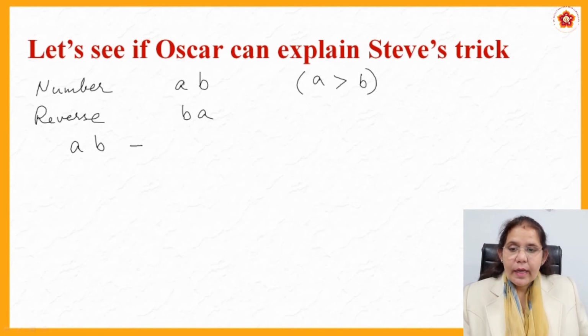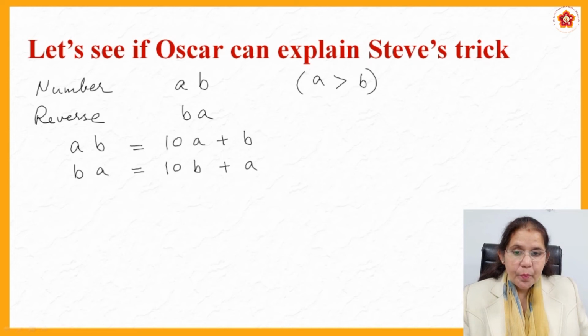First of all, AB, how can it be written? It can be written as 10A plus B. On reversing it, it becomes BA. How will it be written? 10B plus A.